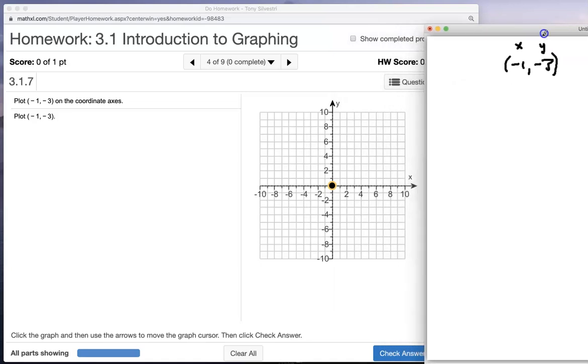These are called coordinate pairs, where the first number is considered the x coordinate and this is the y coordinate. Now, what does that mean? What they want you to do when you graph something is understand that the grid paper is divided into 4 regions, and those 4 regions are divided using these axes. These are the major axes. This is the y-axis.